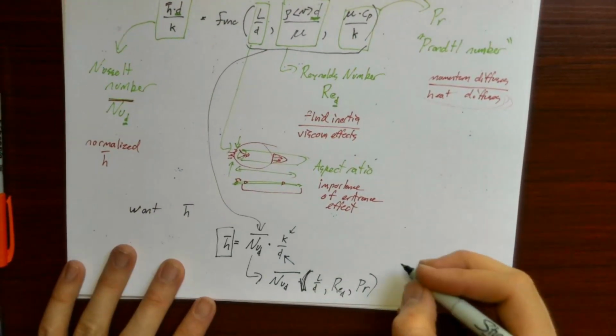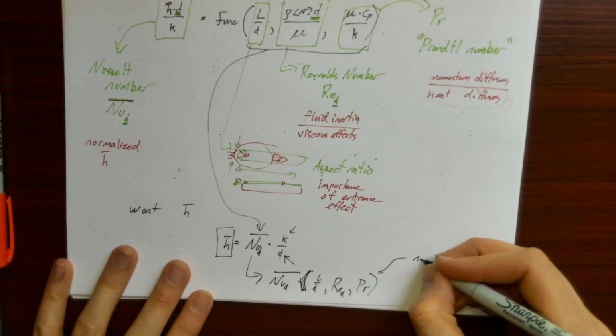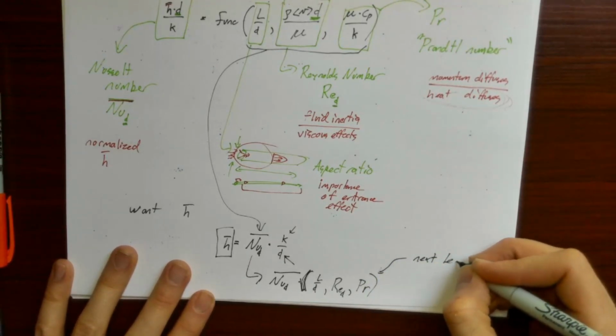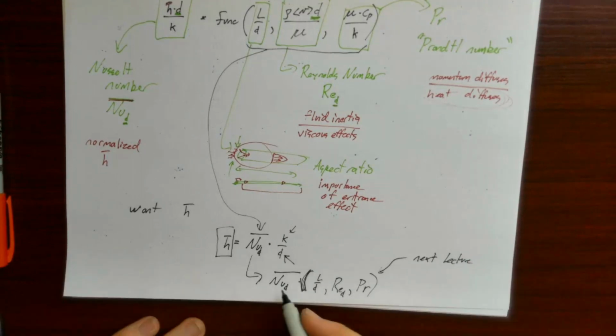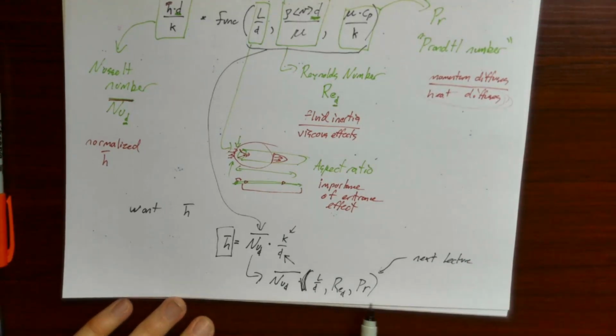So what are these functions? Stay tuned to next lecture, where I'm basically going to build out a chart for a couple of these Nusselt number equations that you'll be able to use for plugging in here, which then you could use to find your own H.